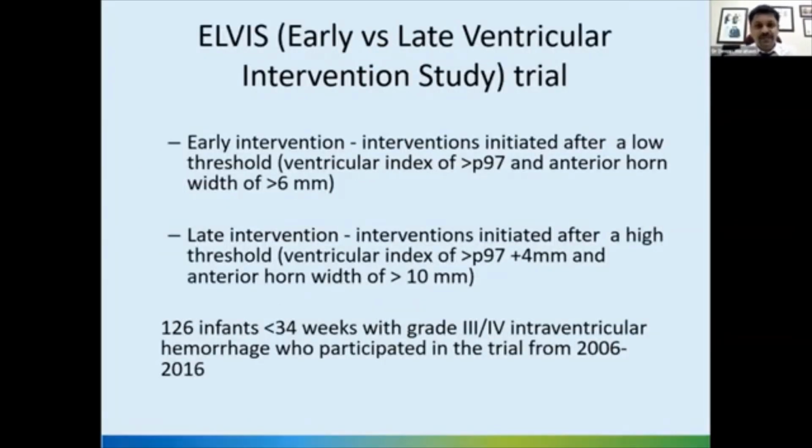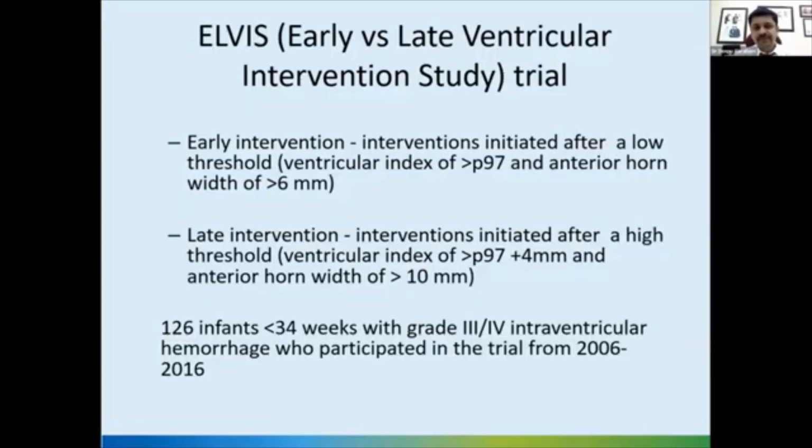So the evidence for when to intervene: the one study that looked specifically into this is the ELVIS trial, the early versus late intervention trial. They looked at 126 extreme preterm infants between 2006 and 2016, and followed them up until 2 years of age.